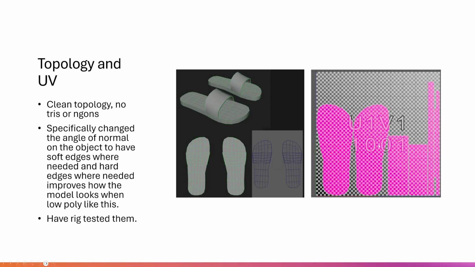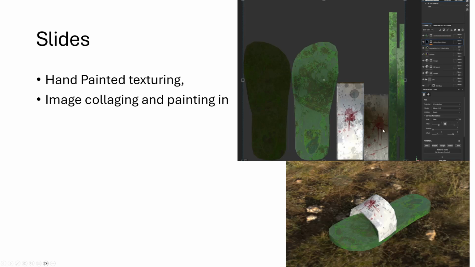As well, here are the UVs. You can't see it, but essentially what I did was I went into Photoshop and I made these different colors, and then in Substance Painter you can select them as different colors for different effects. And so then I've hand painted and used some of the presets as well in this.